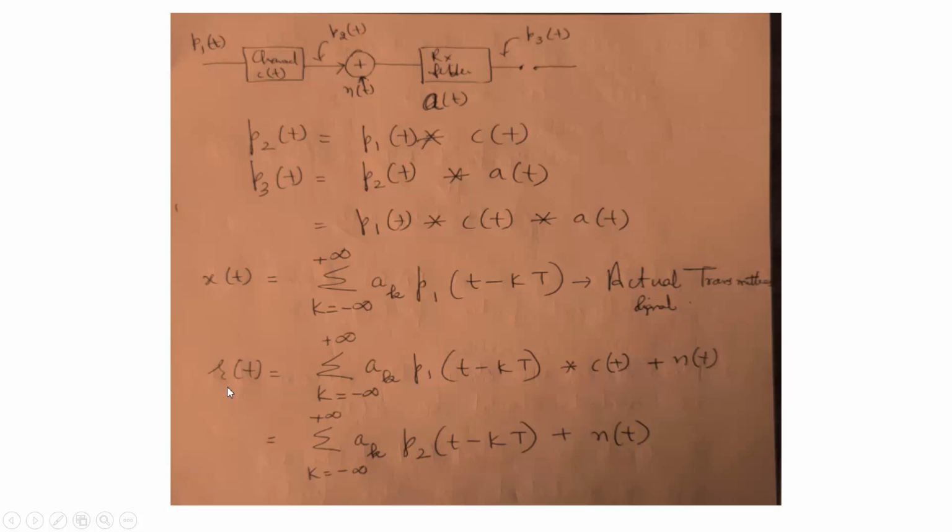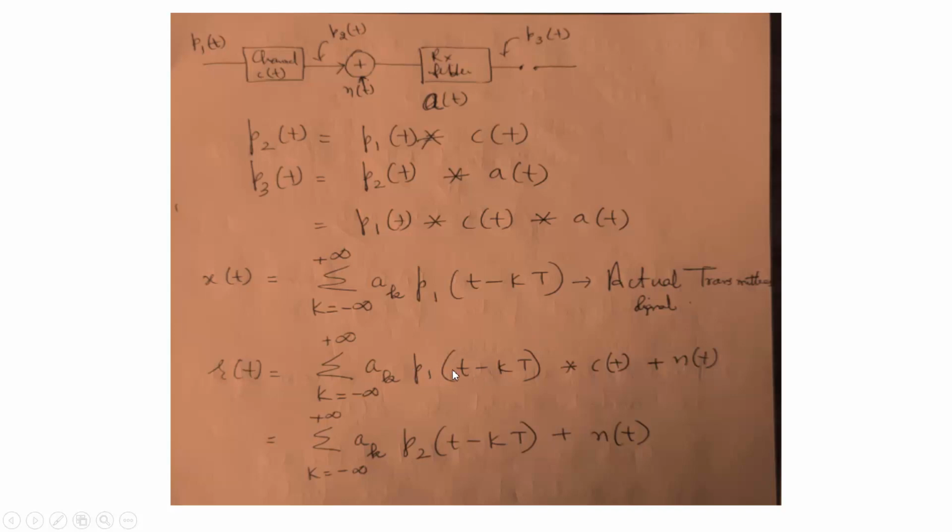So what is RT? RT will be the received signal, right? Before the receiver filter. So what is RT? RT will be XT convolved with CT, because XT is the transmitted signal. It will get convolved with CT, and plus noise will be added, right?